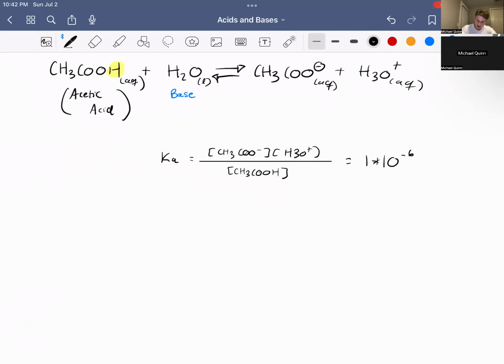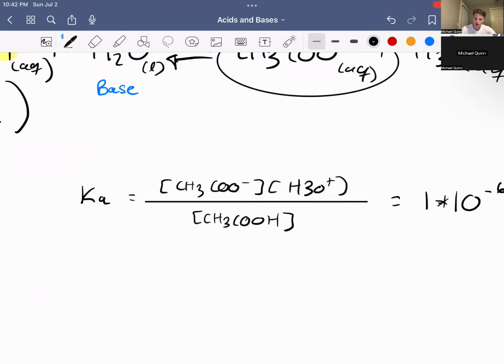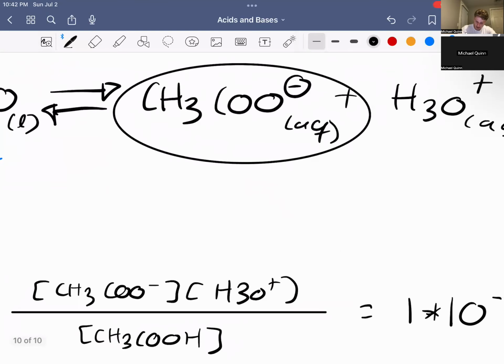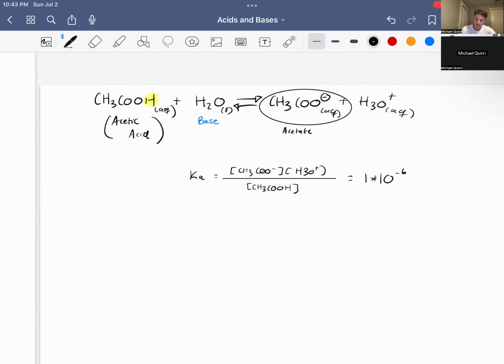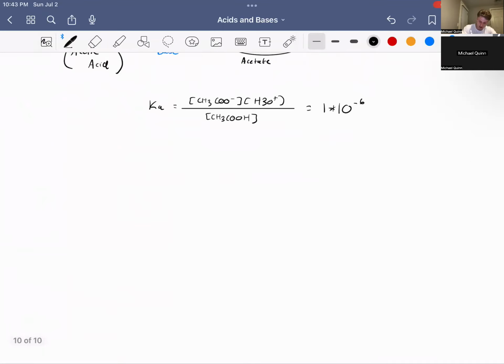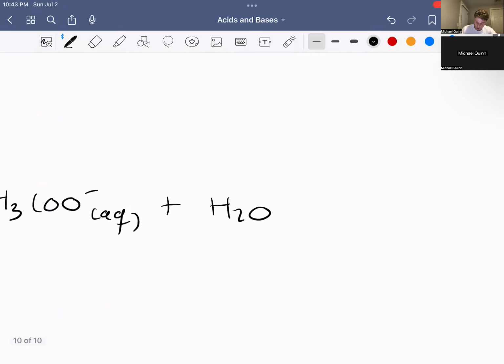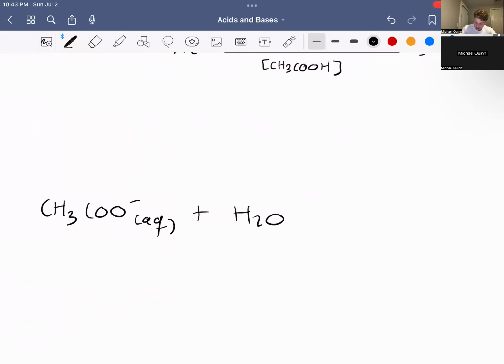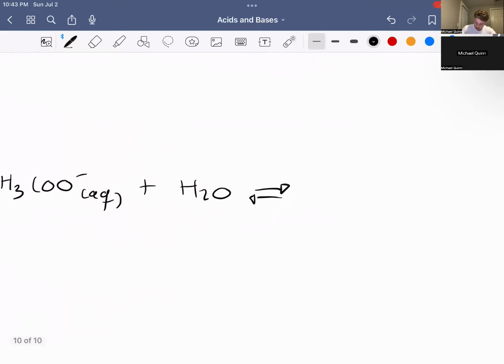So what if instead of reacting acetic acid in water, we react acetate in water? You don't need to memorize the names of all these things, but this is acetate. So what if instead of this reaction, we run this reaction? CH3COO- we react with water. Now water will act as our acid to give a proton to acetate.